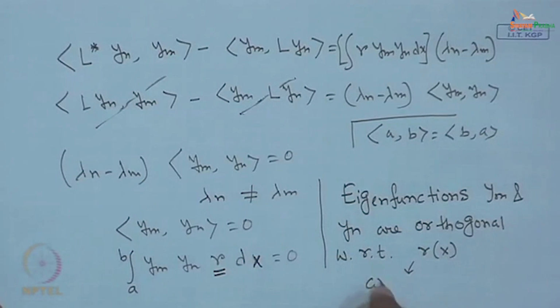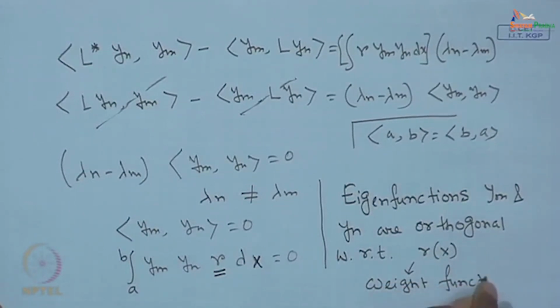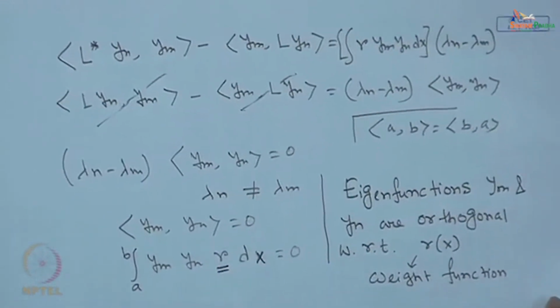This is known as the weight function. So this completes the proof that for the Sturm-Liouville problem, the eigenfunctions are orthogonal functions with respect to the weight function r.